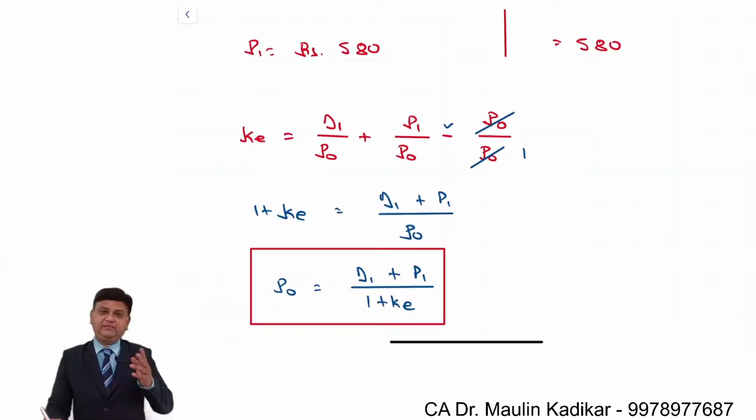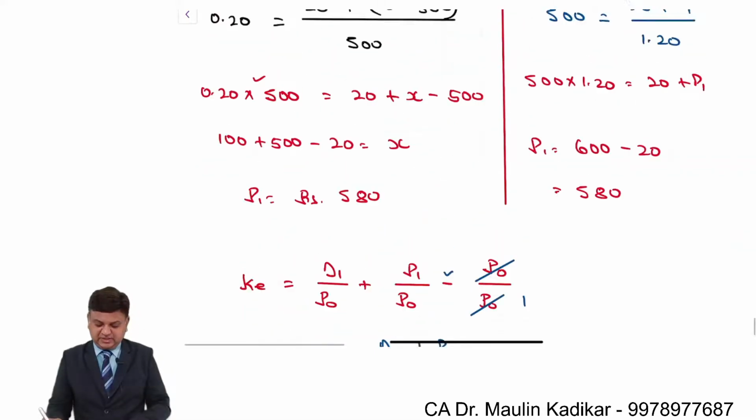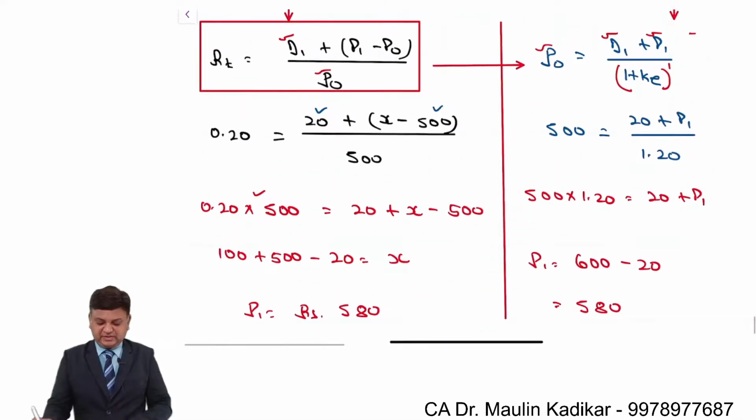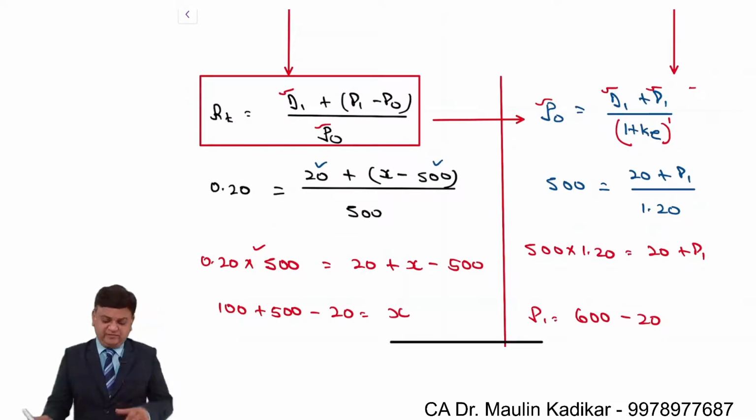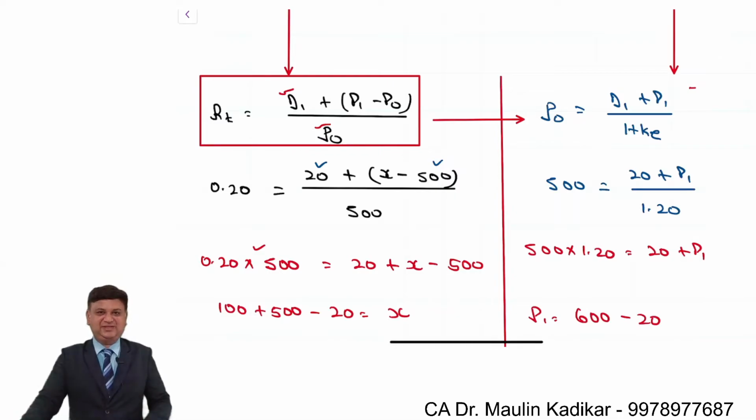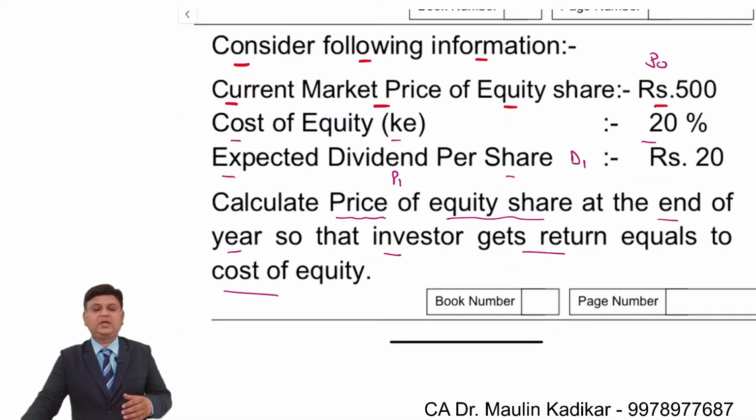P0 is equal to D1 plus P1 divided by 1 plus K. Importantly, from the examination point of view, when we are having the MM approach, we are required to follow this equation for making the calculation of the answer. So if the end of year 1 price is 580, then the return would be 20%.